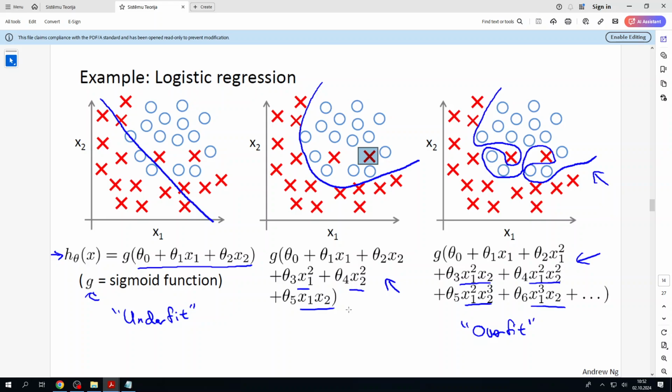As you can see, it includes more inputs, more features, which we can generate artificially. The final line, the third line, is very accurate. It actually is 100% accurate because it separates precisely each of these circles from each of these crosses. It does not include any cross in the region selected, but as you can imagine, it is too specific for this data set.